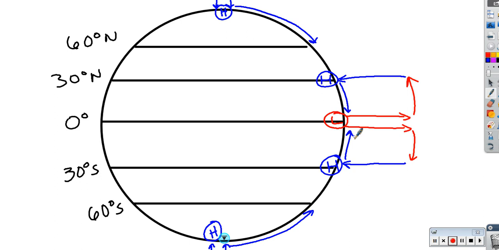So, in general, this cell in the atmosphere, these are called the Hadley cells. And the winds that appear on the surface are called the trade winds.